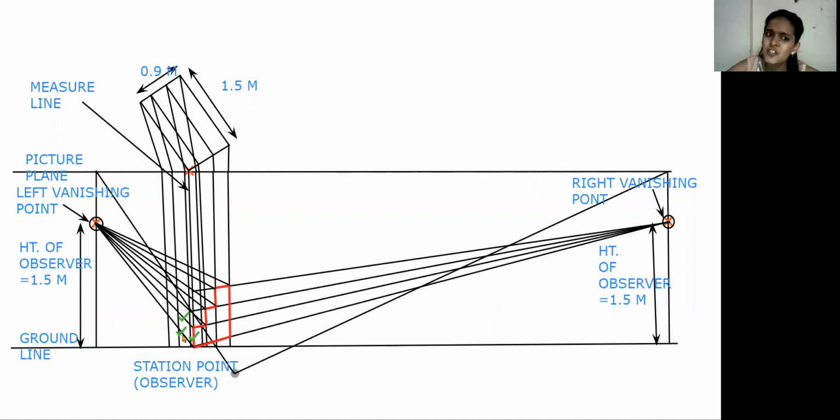But between which vertical line? The vertical line of this side, the end corner point of the top portion of our plan. Okay, so on this vertical line and between 2 inclined lines, a riser will come. So draw the riser first.